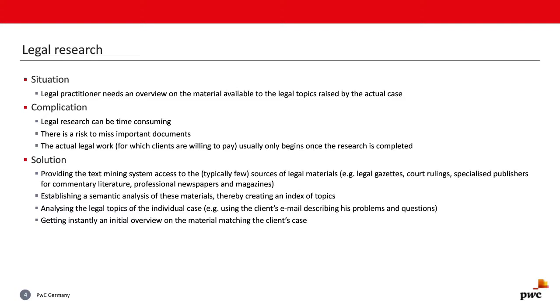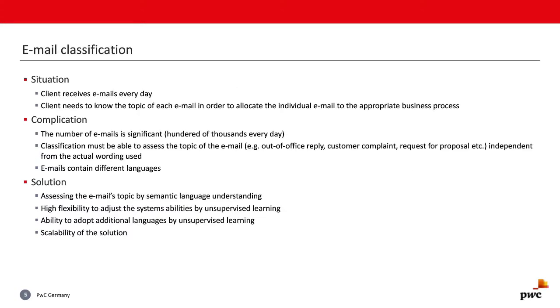Another topic, which is also very helpful to our clients and anybody else invested in electronic communication, is the question, what is all the stuff I'm getting all day? Our clients get at times hundreds of thousands of emails every day, and they have to cope with it, finding out what's in there, what part of the emails is just an out-of-office reply, what part is advertising.